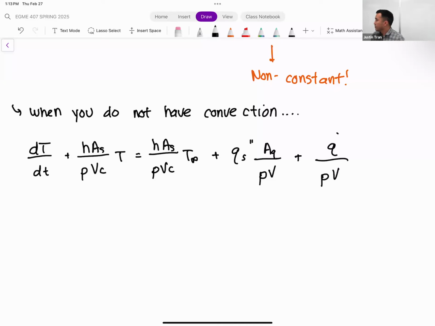Okay. So that's our general lump capacitance equation that we start out with for most of our unsteady problems.